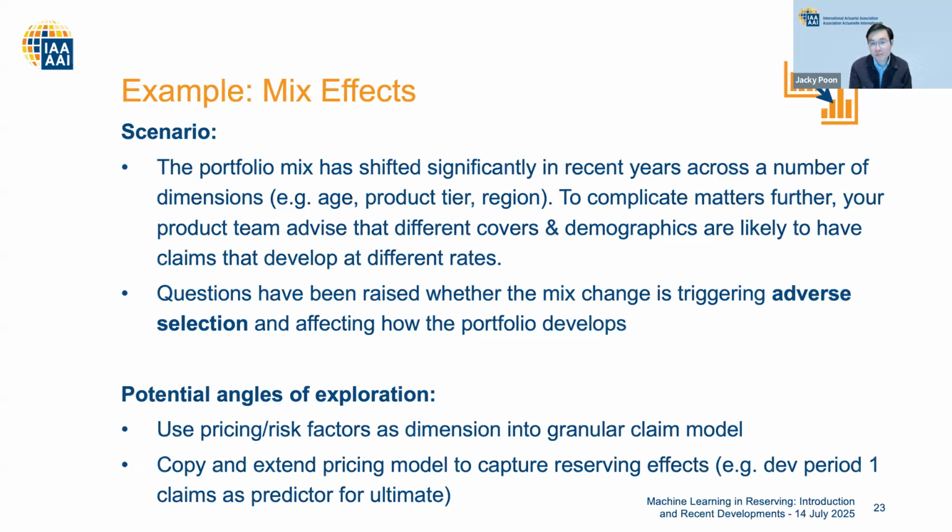But if you feel that maybe the claims are developing at different rates because of your change in mix, and you're not able to easily split out the change in development through some identification of a factor, then you may need something that interacts between your pricing model and your reserving model. So looking at both your pricing features as well as the speed of development of those features. So that would be one where a more complex model may be warranted.